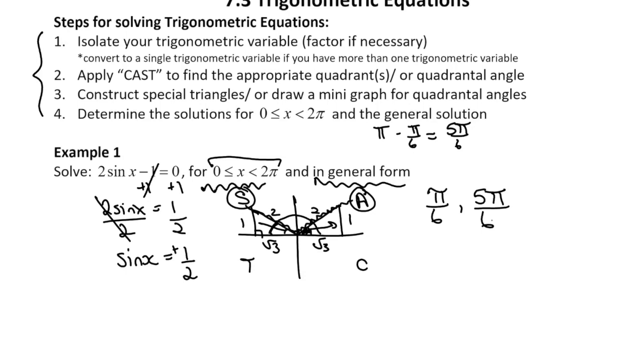And if they want to know what that would look like in general form, sine x has a period of 2 pi, meaning that going around this circle is going to take a full distance of 2 pi. So these solutions are going to continue on whenever we have a pi over 6 plus every multiple of 2 pi.